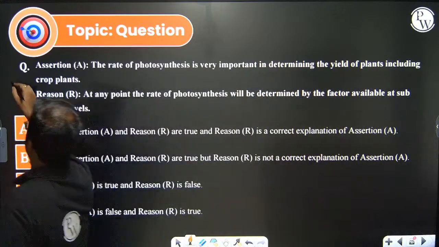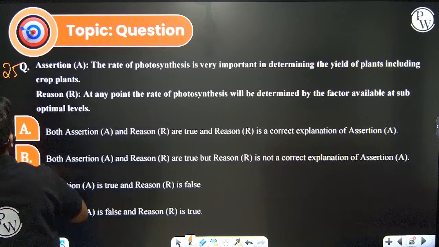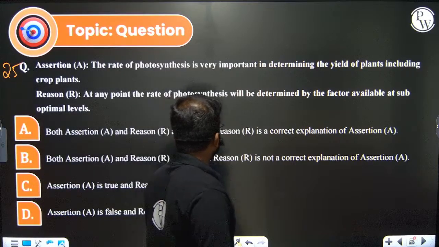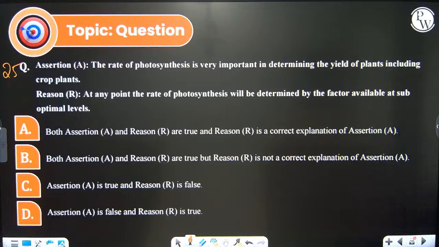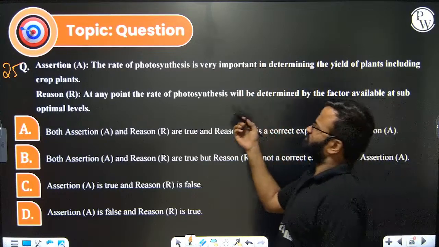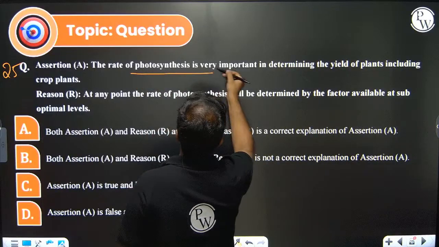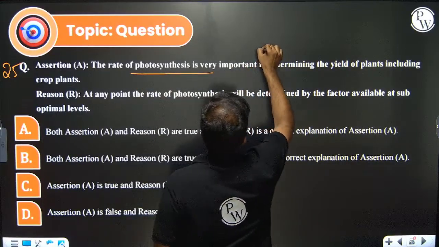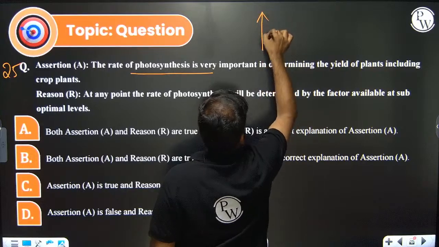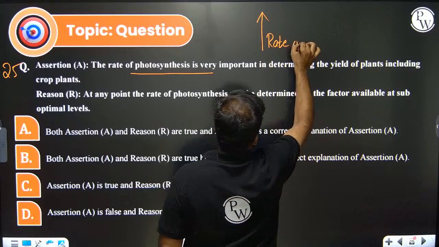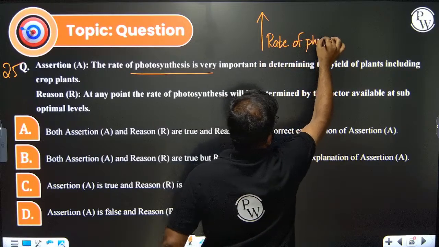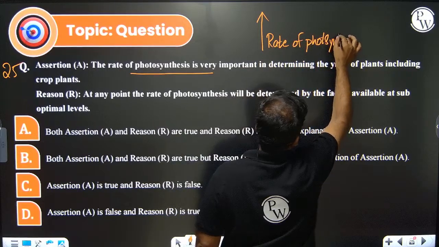25th question. Assertion: the rate of photosynthesis is very important in determining the yield of plants, including crop plants. The more photosynthesis, the more yield. If there is a high rate of photosynthesis, what does it mean?